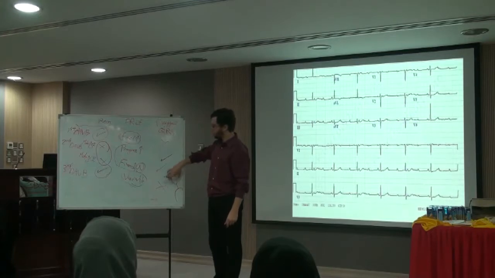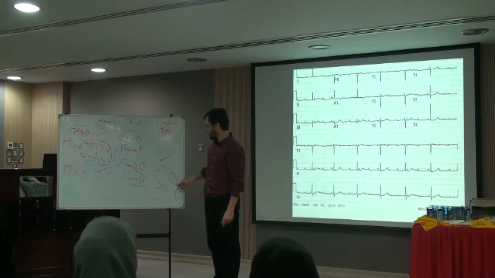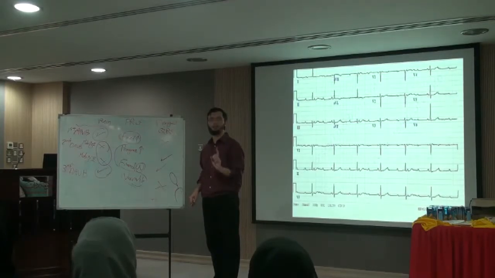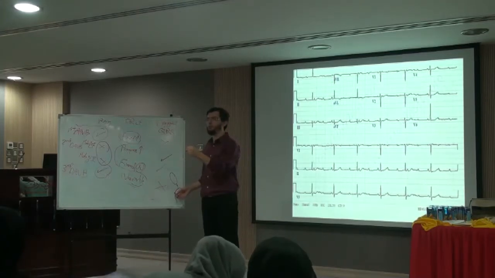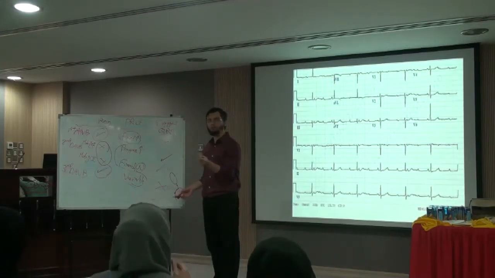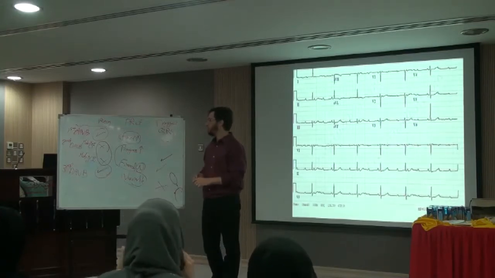If the block is in the AV node only, and it conducts from here, the third degree AV block will be narrow. If the electrical activity comes from upstairs and the AV node is completely blocked, a focus in the His bundle starts firing. So this is the next possible pacemaker. It fires from here, and the complex will be wide.